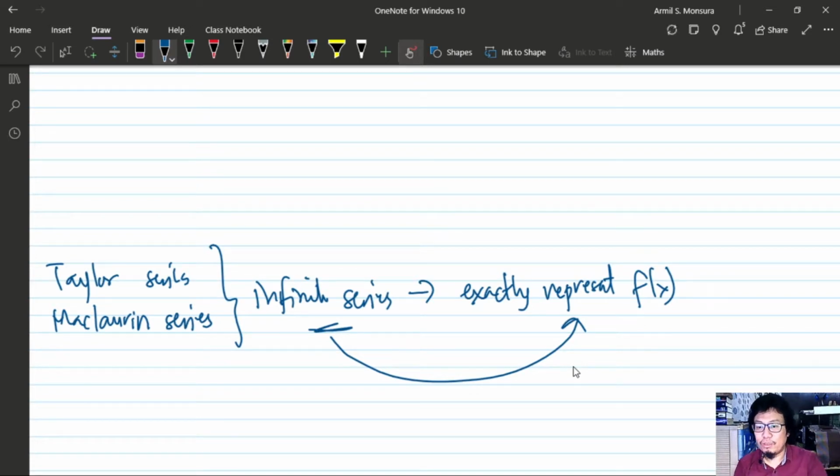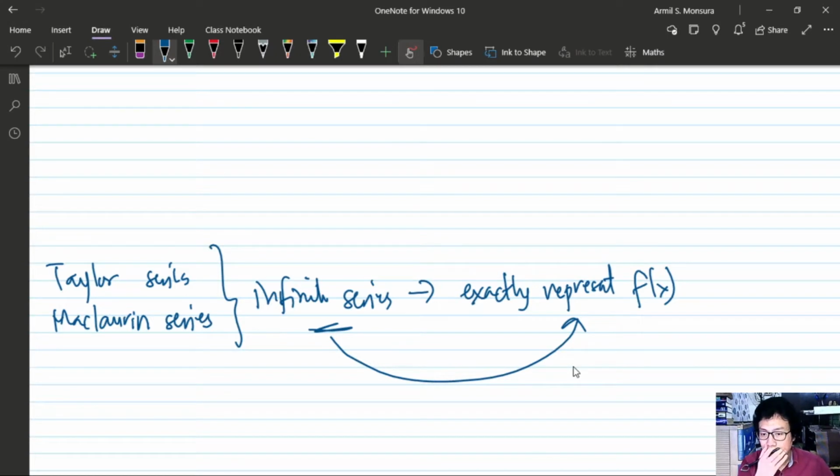Here we will be studying the Taylor series and Maclaurin series, whose purpose is to give an alternate representation, so that we can write your function, whatever function it is, as a series of terms, basically an infinite power series.